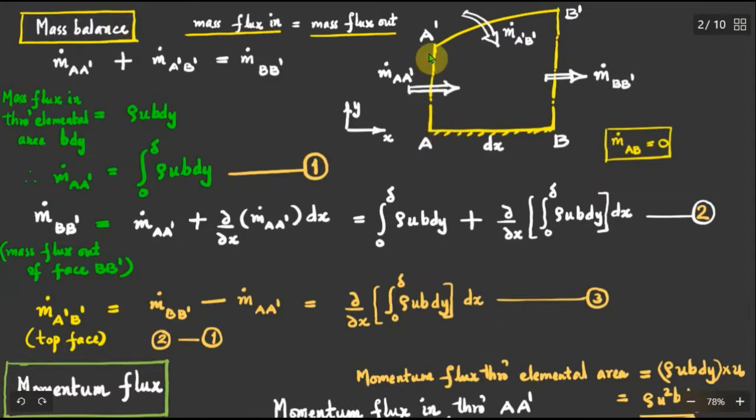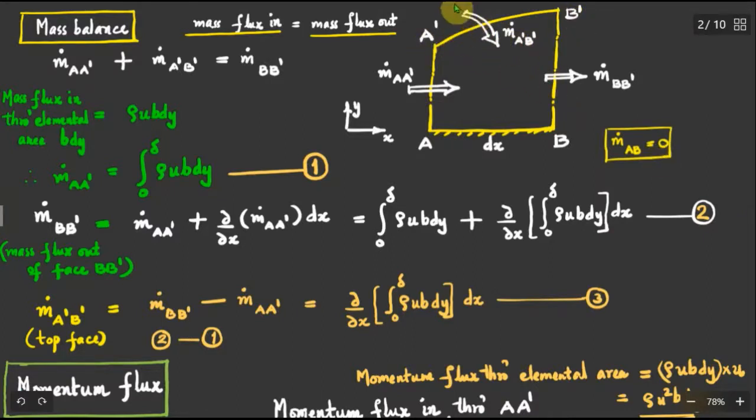The control volume A dash, B is drawn over here in a 2D pattern. So mass flux in must be equal to mass flux out. That's mass flow rate m dot A dash, the left face, plus the mass flow rate through the top face. Now see, the top face of the boundary layer is A dash, B dash.